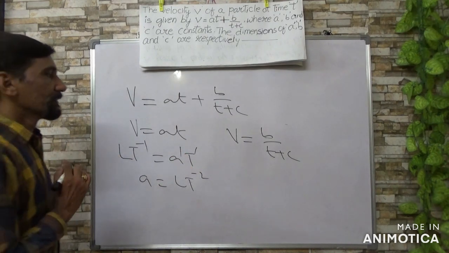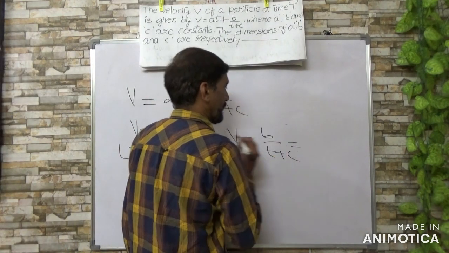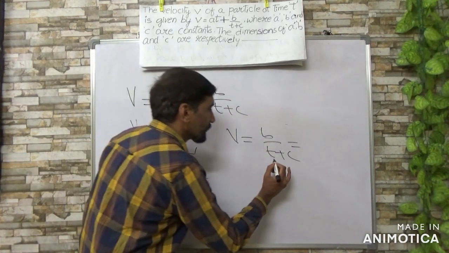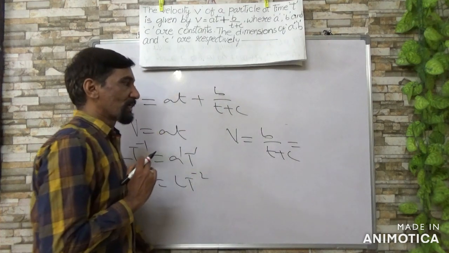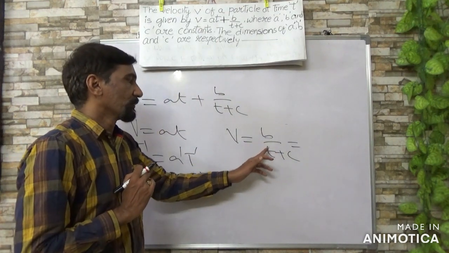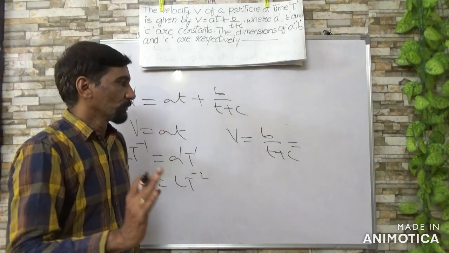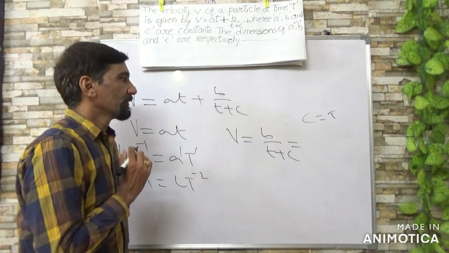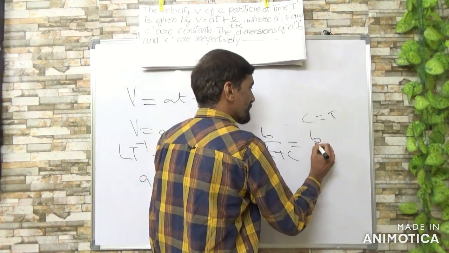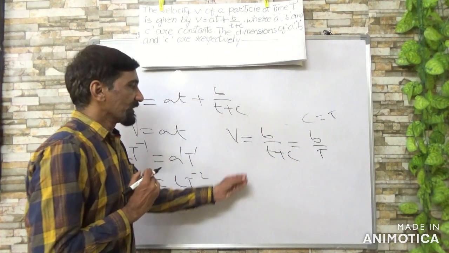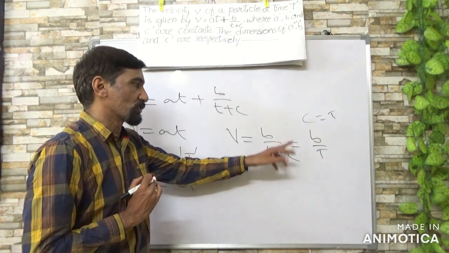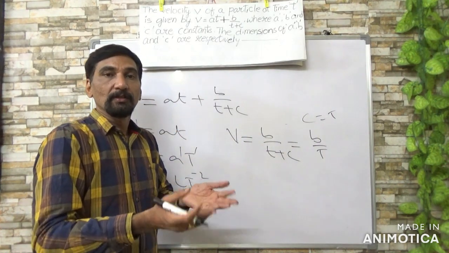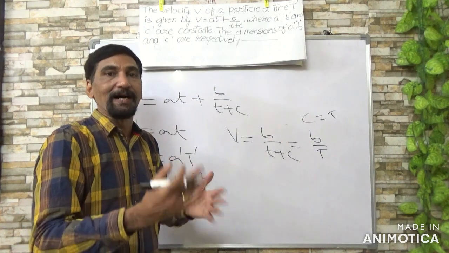Right? Now about next one, B by T plus C. Now T plus C, that means unless C is time, these two cannot be added, no? So that is why C straight away taken time, right? So it is nothing but B by T. Why? T plus C you have given, that means C also must be time, because you can add time to time, no, but you cannot add time to length or time to mass.